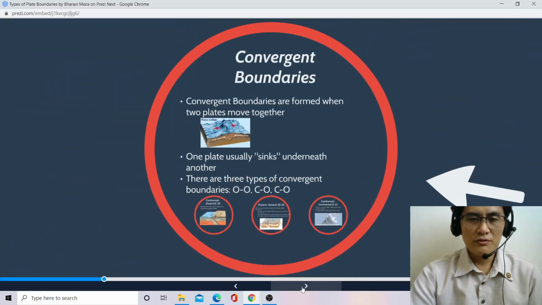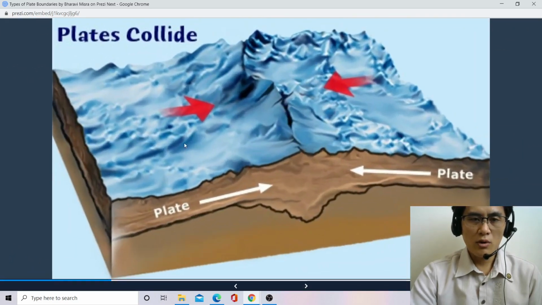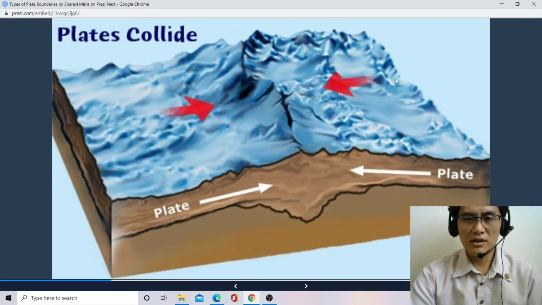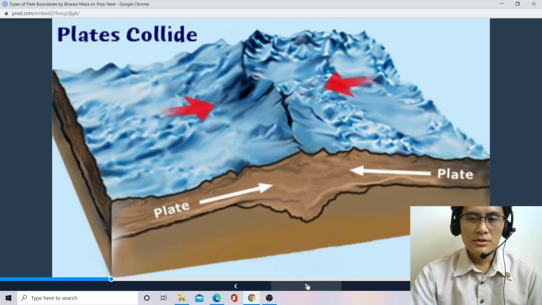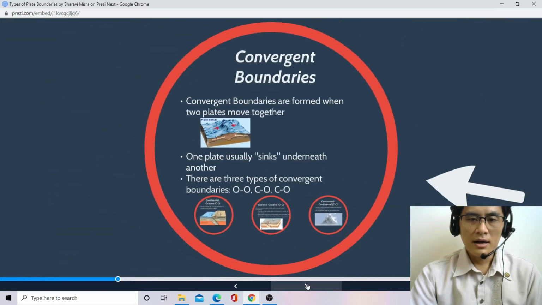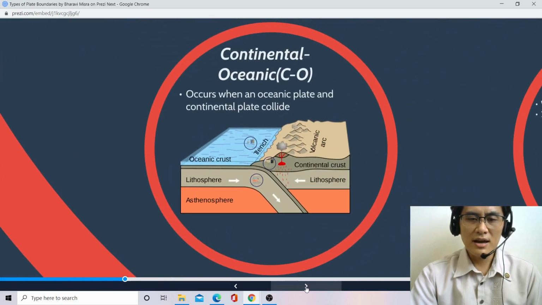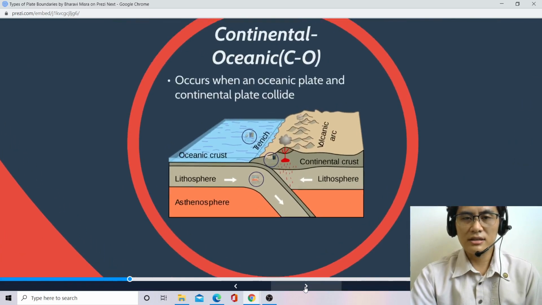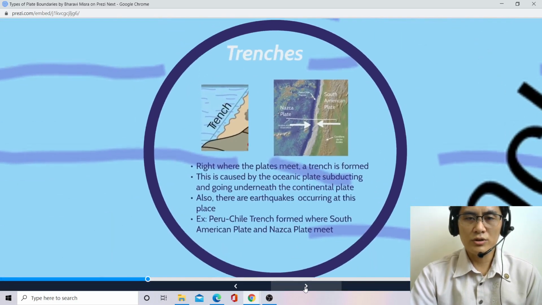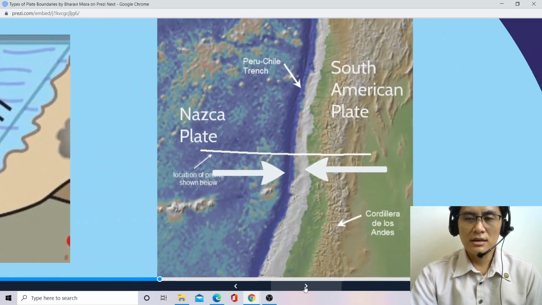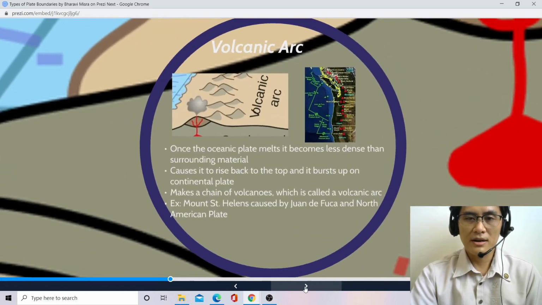Now we go to convergent boundaries. So you have one plate going this way and the other plate going that way. They are colliding, right? So again, there are three types of that: the oceanic, continental, and again, there are some details that I would rather discuss in Module 3, right?